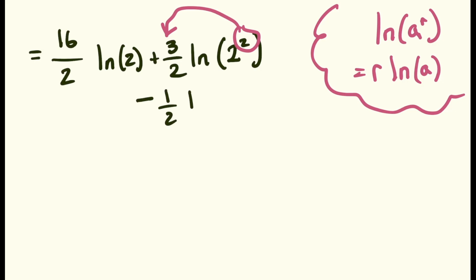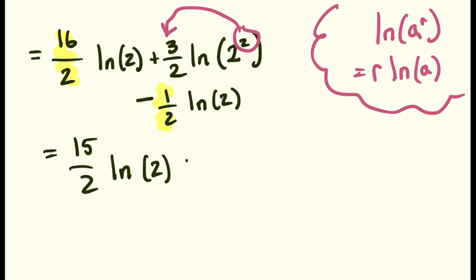Minus 1/2 natural log of 2. So now let's combine these two terms. We'll combine the 16/2 minus 1/2, which is going to be 15/2 natural log of 2 plus 2 times 3 over 2 natural log of 2.